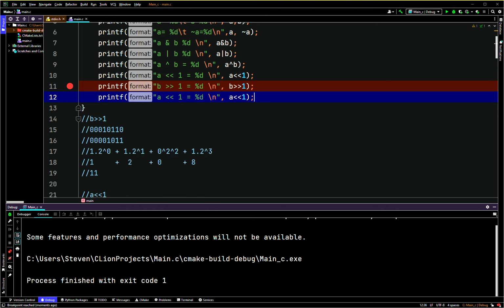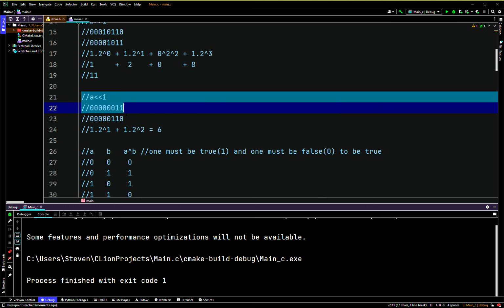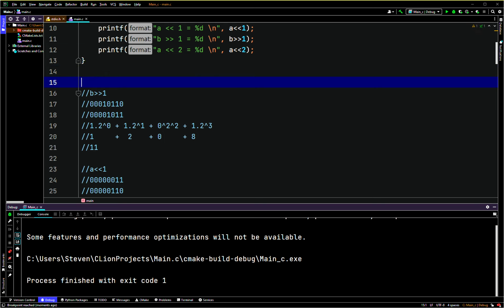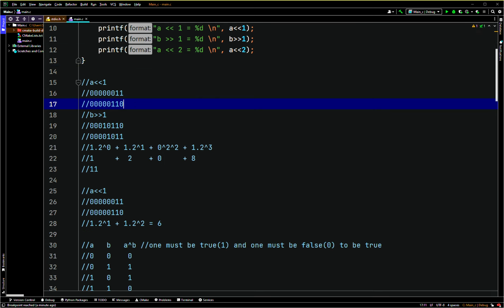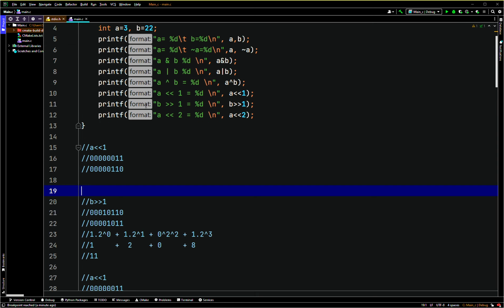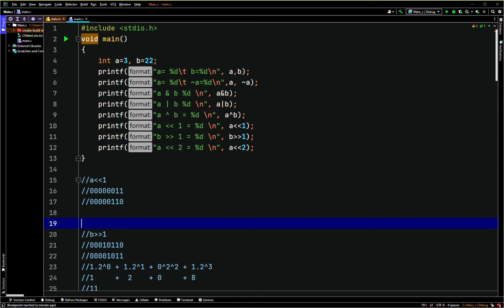And then we'll just take a left shift 2. So we'll just change the string to a 2 and then change the variable to a 2 here. And then we'll just copy this whole thing here. Paste that here. Give you guys some more room to see, remove that debugger panel, whatever. So we'll have a left shift 2.